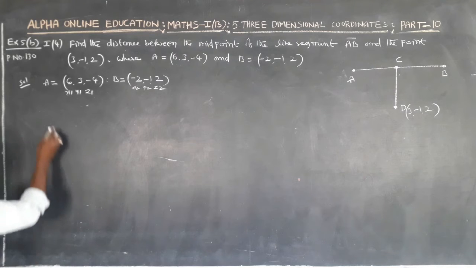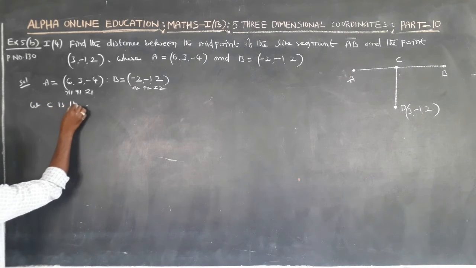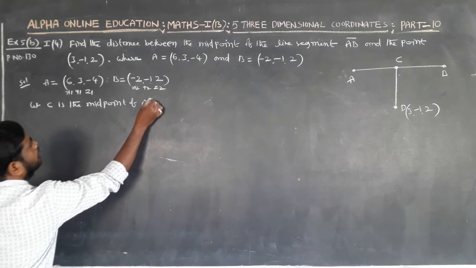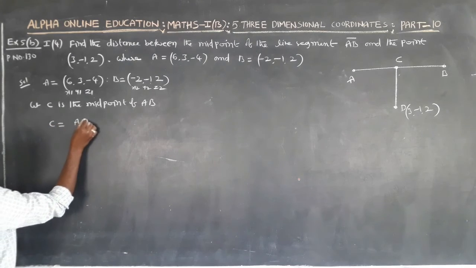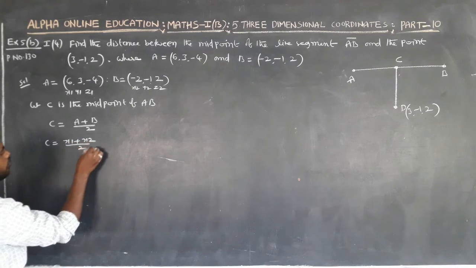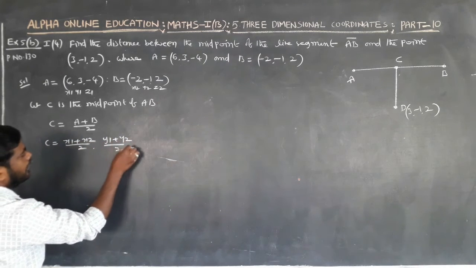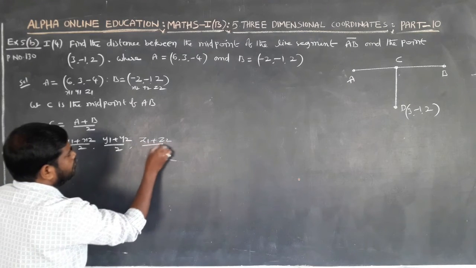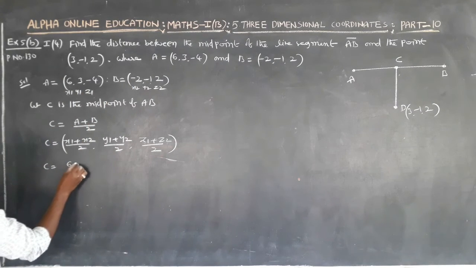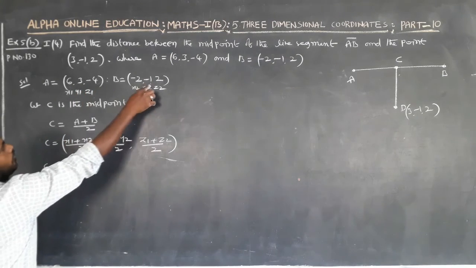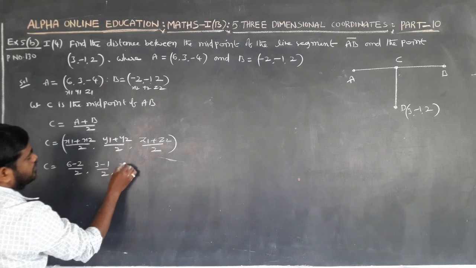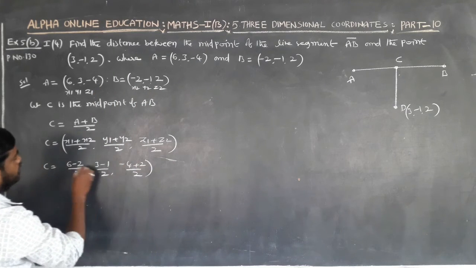The midpoint C is (A plus B) by 2, meaning (x1 plus x2) by 2, (y1 plus y2) by 2, (z1 plus z2) by 2. So C is (6 minus 2) by 2, (3 minus 1) by 2, (-4 plus 2) by 2.